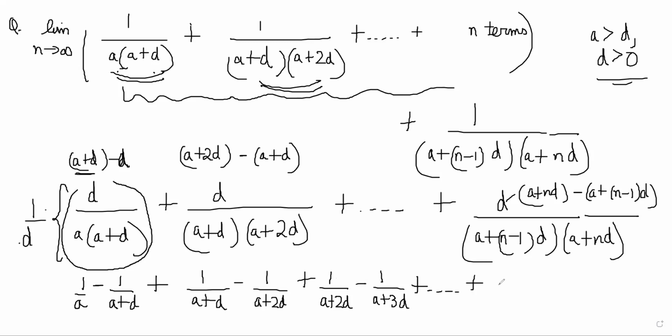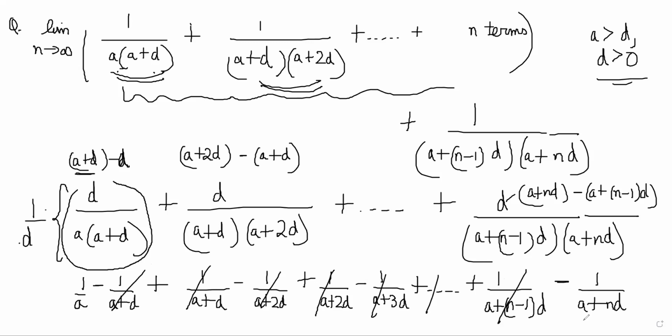And the last one will be 1 by a plus n minus 1 d minus 1 by a plus nd, right? And see that every term is cancelling middle terms. So till here everything will cancel. Last term will come like this, and first part is coming. So finally the whole thing has been simplified and you have gotten it as 1 by d into 1 by a minus 1 by a plus nd.